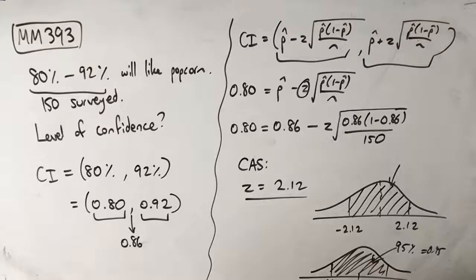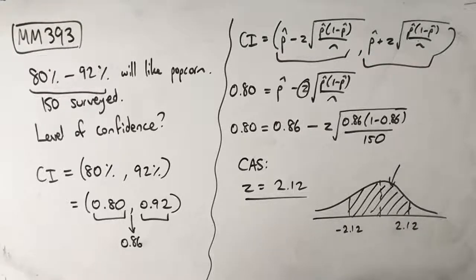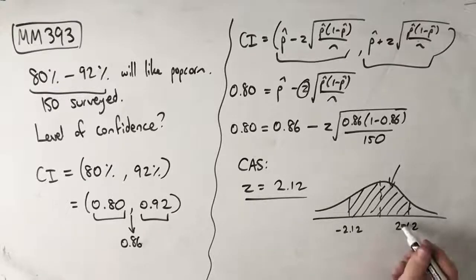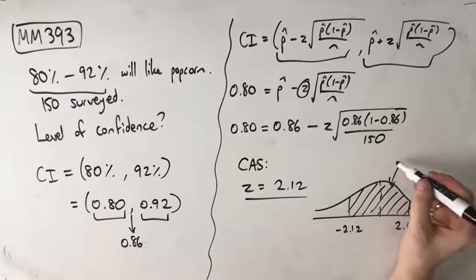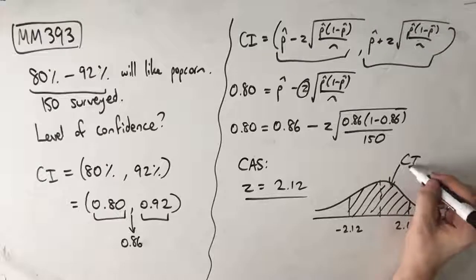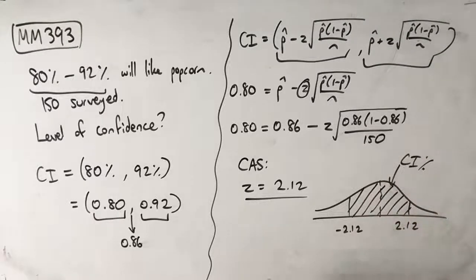So in this case, we know that the area between negative 2.12 and 2.12 is going to be our confidence level percentage, right?